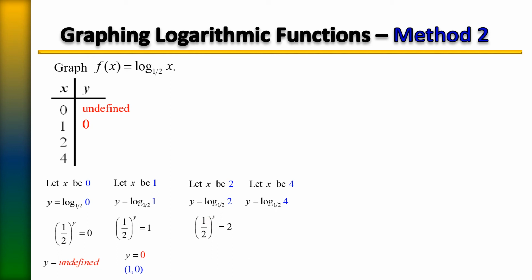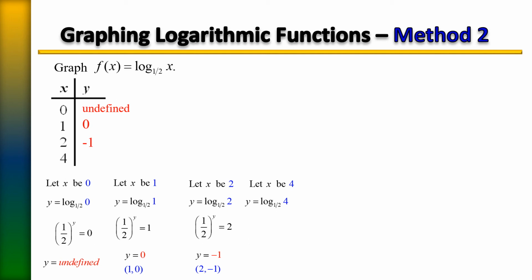If I flip 1/2, it becomes 2 over 1, which is the same thing as 2. And to flip something that already has a positive exponent, the exponent would then be negative. So your answer would be -1, because 1/2 raised to the -1, when I flip it, becomes 2. So my ordered pair is 2, -1.